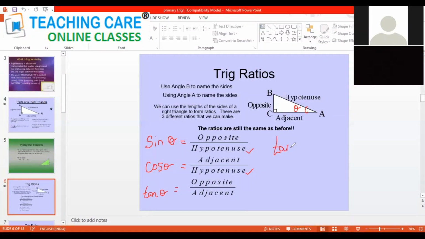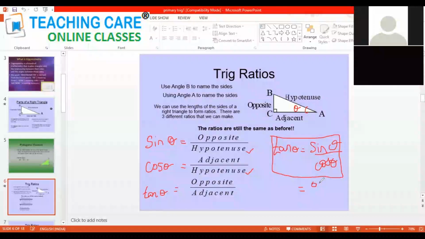The tangent of theta formula is nothing but sine theta divided by cosine. Please remember this till your AP calculus, you will have some problems to solve on this. So tangent of theta is sine theta over cosine of theta. Please make a note of all the formulas. What is our sine theta?